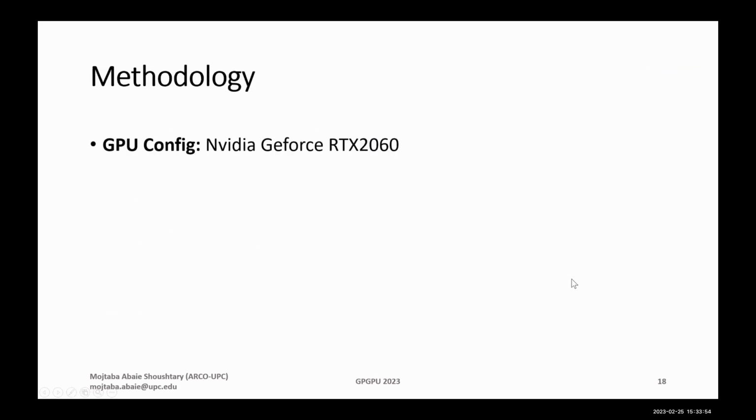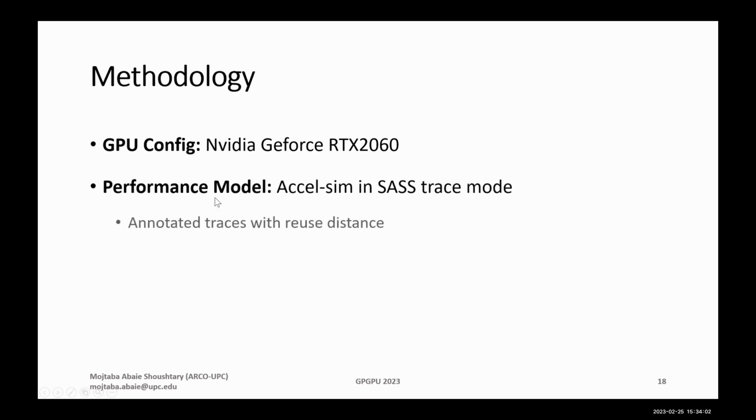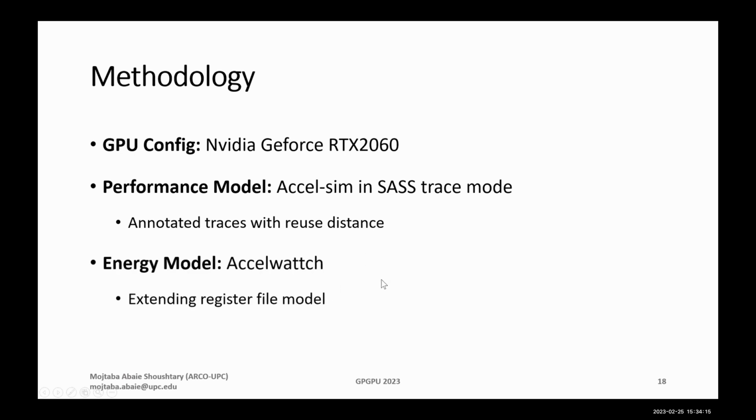For the methodology, we have the config for Turing, and we use the cycle-accurate performance model implemented in Accel-Sim. And for the energy evaluation, we extended the model of AccelWattch for the register file to model the modifications we have.